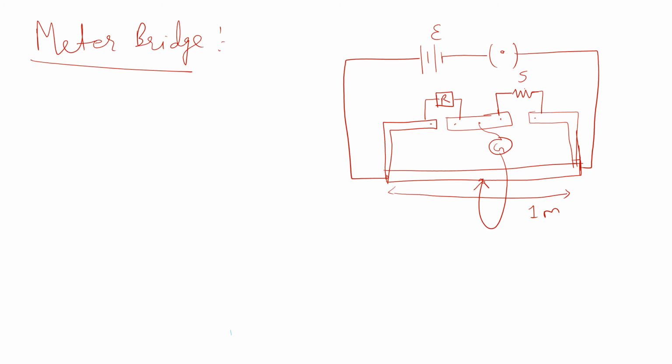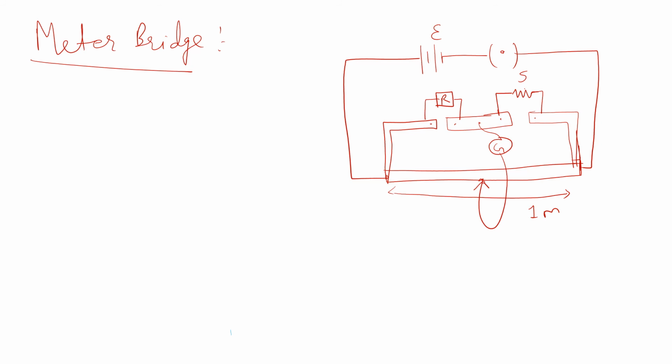So in meter bridge, what we actually do is we are given a wire, and we just try to find out what is the resistance of that wire. Maybe we are given a wire, or we may be given some other instrument for which we need to find the resistance.